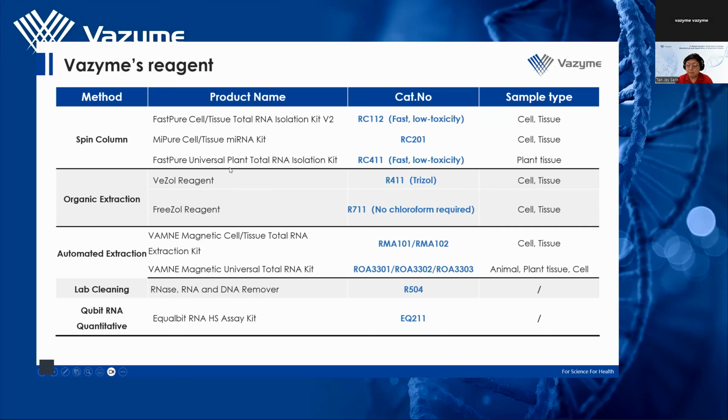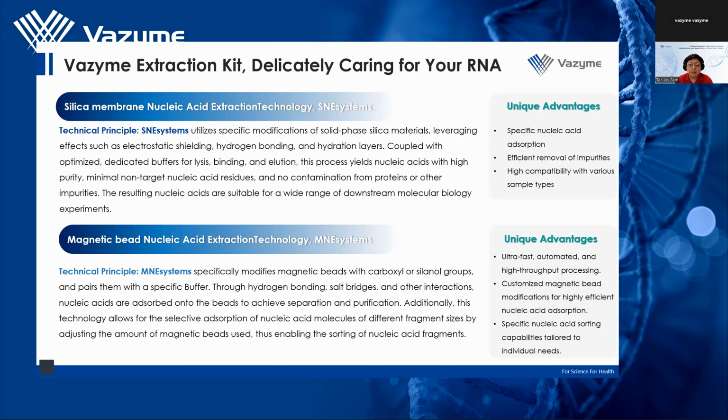In the research and development for extraction reagents, we have invested significant human and material resources as well. Through years of research and refinement, we have established 4 key extraction technology platforms, creating technical barriers that ensure stable output of nucleic acid extraction kits, thereby supporting the success of scientific research experiments.